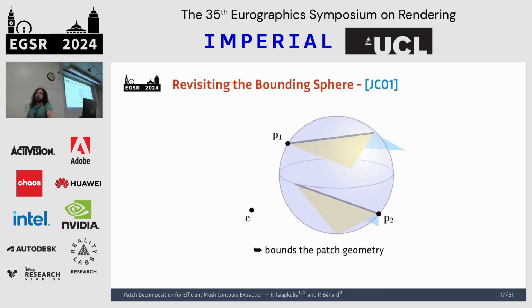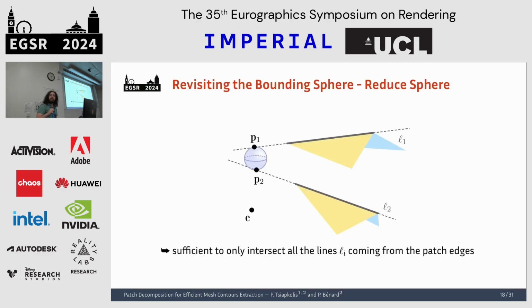From then on, we also had a small addition to this. Instead of taking the bounding sphere, which bound the whole patch geometry, if you remember the definition we said earlier, we only need a new view vector per patch, but it can be any point, not only on the edge, but on the straight line bound from the edge.